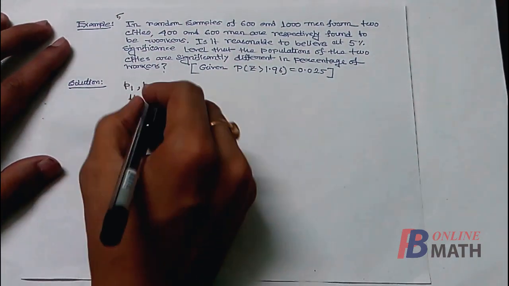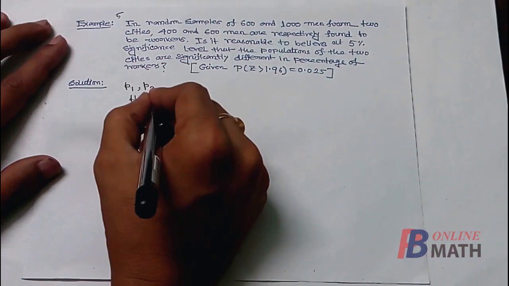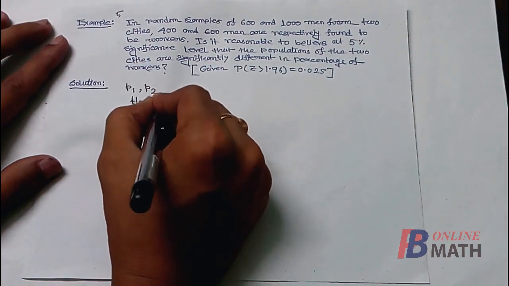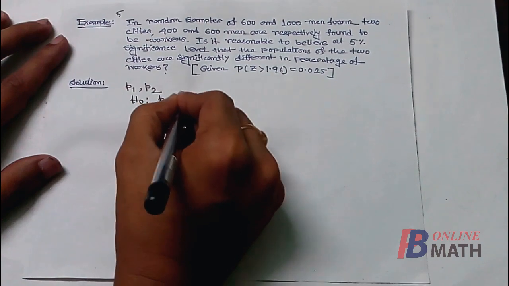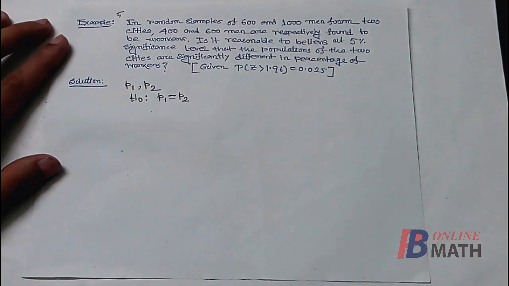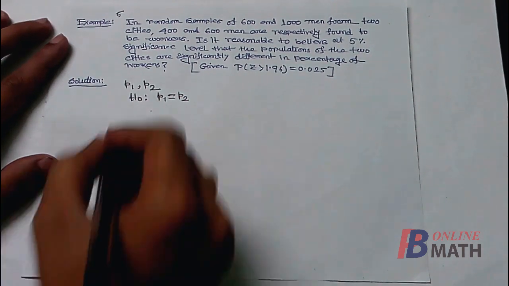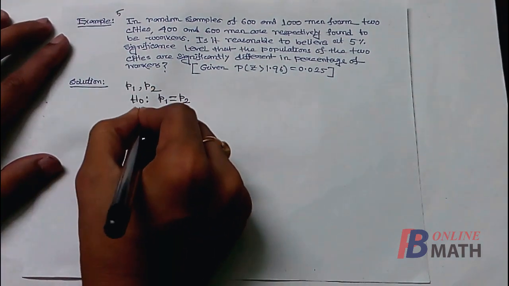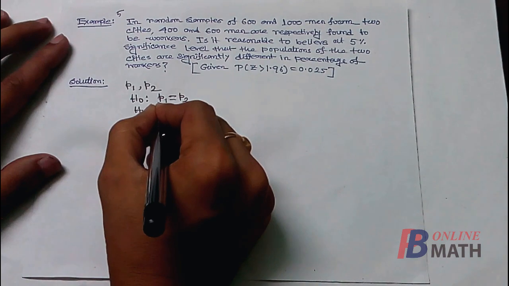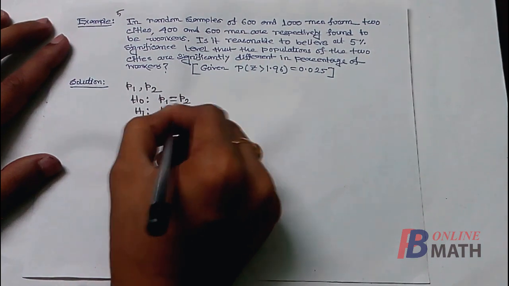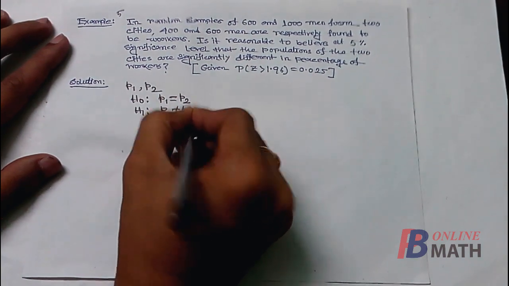So we assume the null hypothesis that there is no difference in the proportion of workers in the cities, that is, p1 equal to p2, and the alternative hypothesis is that yes, there is a difference, that is, p1 not equal to p2.